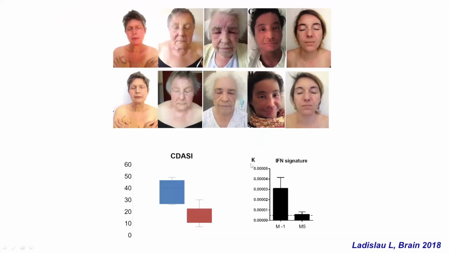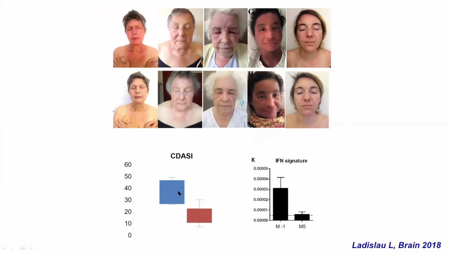And we did the same in patients, very refractory patients, where we tried all that we can use in our practice: corticosteroids, IVIG, methotrexate, azathioprine, cyclophosphamide, and so on and so forth. All these ladies were totally refractory to the classical treatments, and we just added one JAK inhibitor, and in a few weeks we can clearly observe an improvement of the skin lesions, but also of the muscle strength.